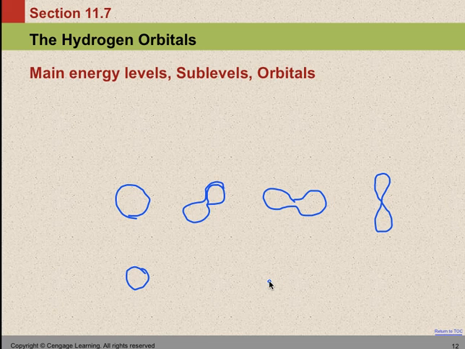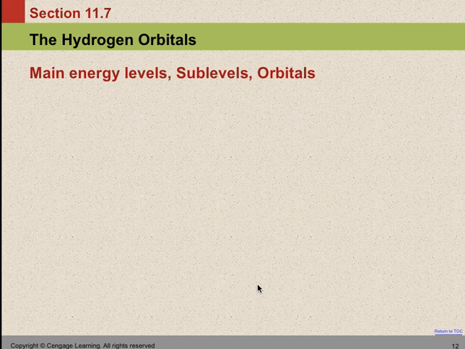Okay, so what I'd like to do is go through the diagram that we made the other day in class, but look at it a little differently. And what we're going to look at is the main energy level, also known as the principal.